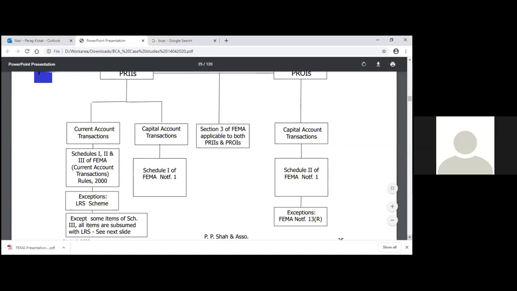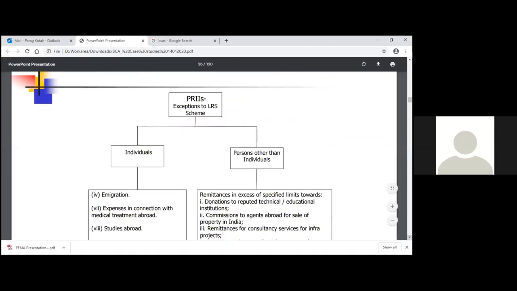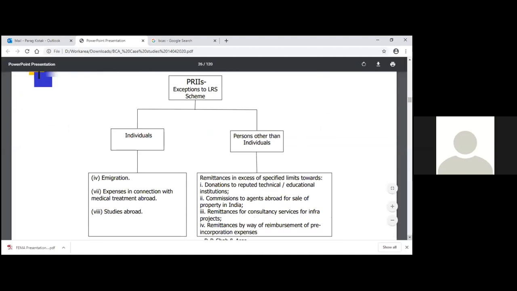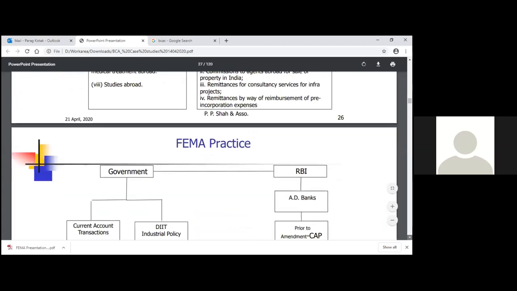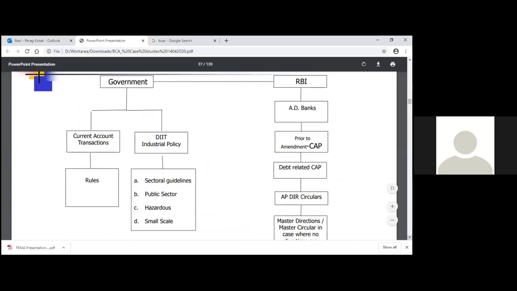Now, coming to the next slide. That is how we will approach the problems of resident as well as non-resident.